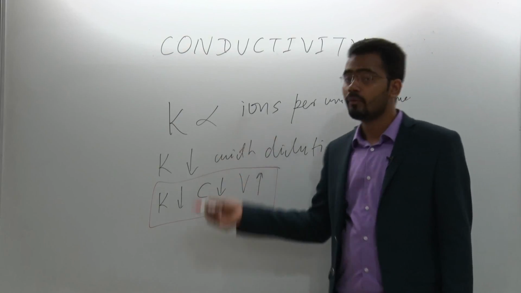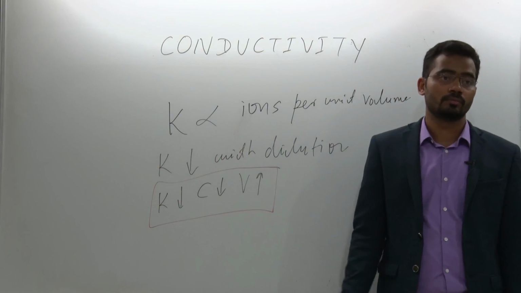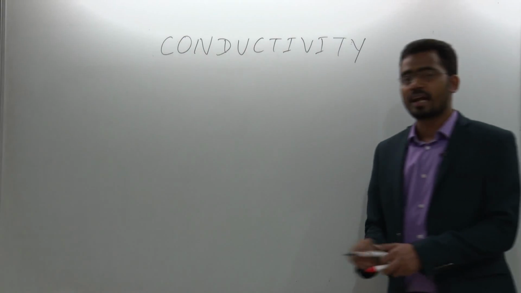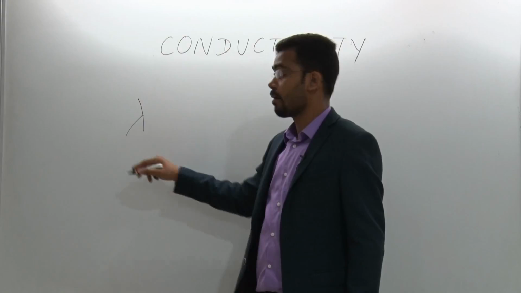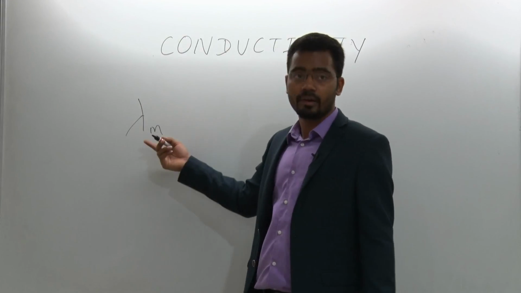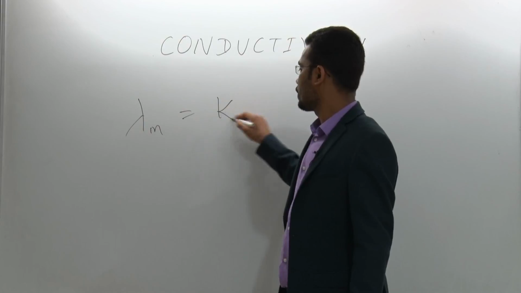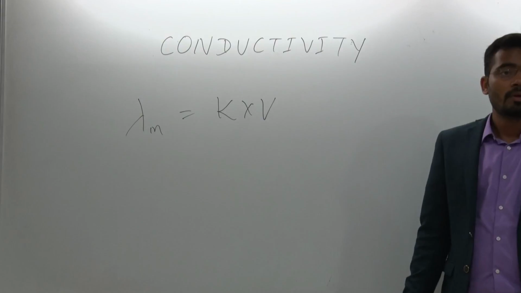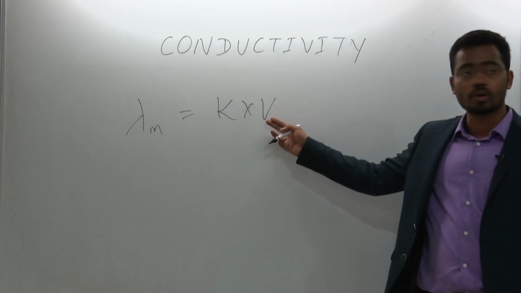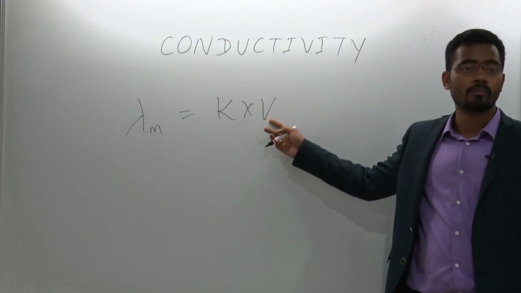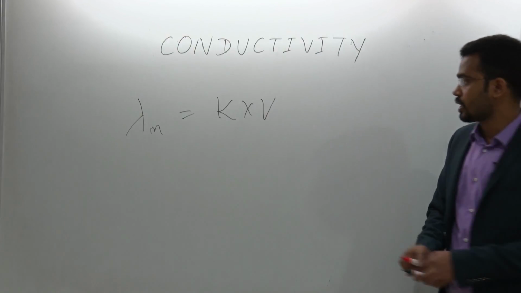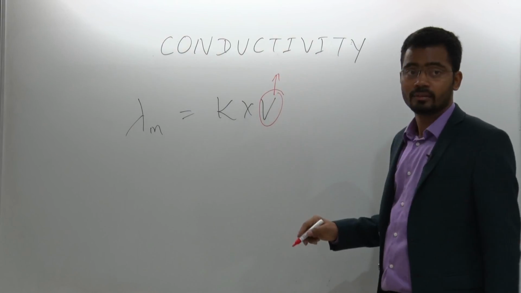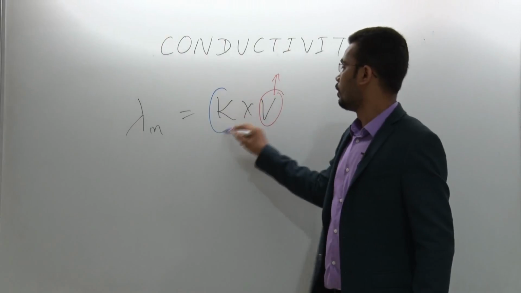Now, what about molar conductivity? Molar conductivity, lambda, or equivalent conductivity, is the specific conductivity times volume. Yes or no? And on dilution, moles are constant, you are increasing volume. So on dilution, K will decrease.